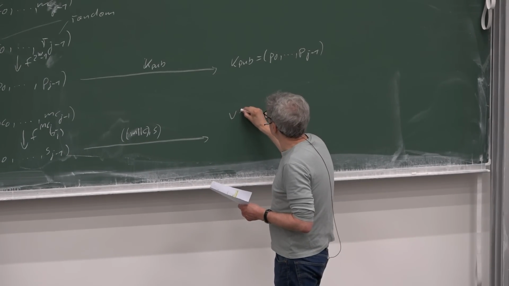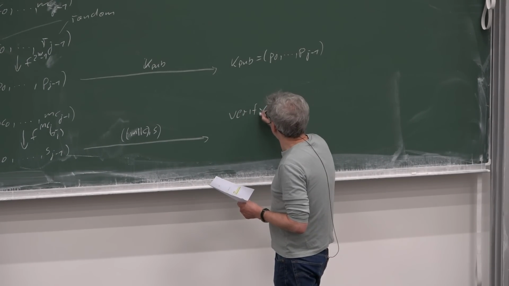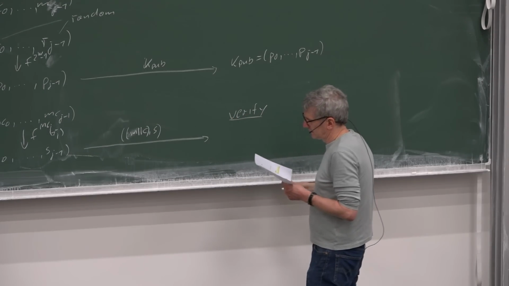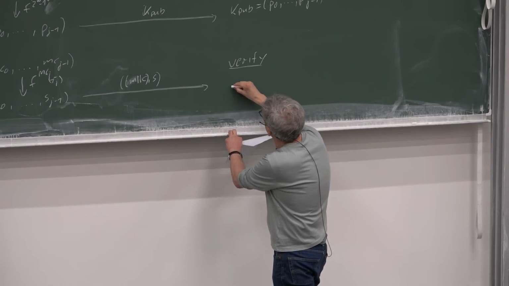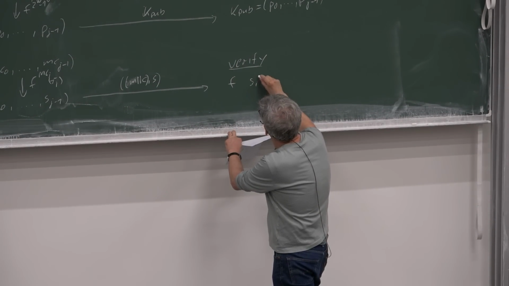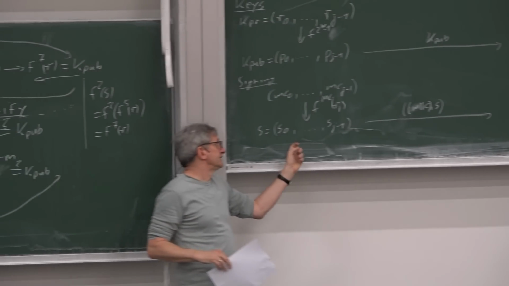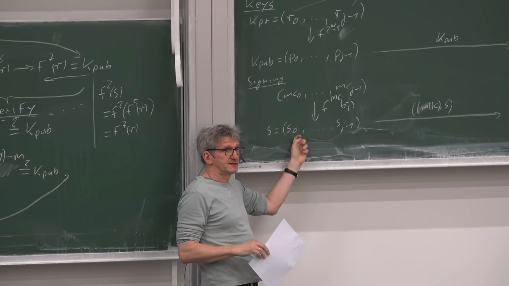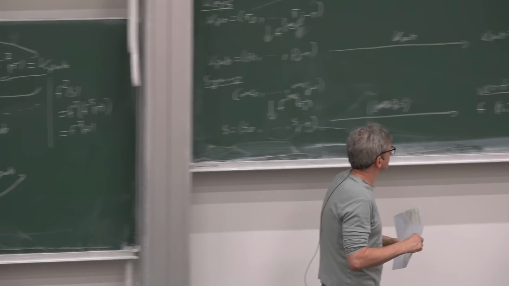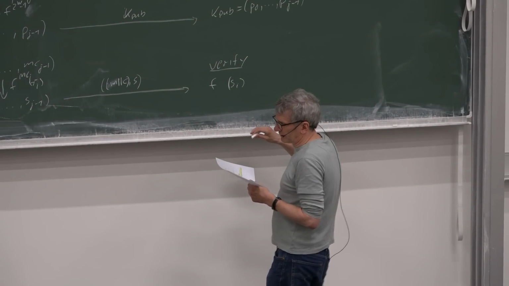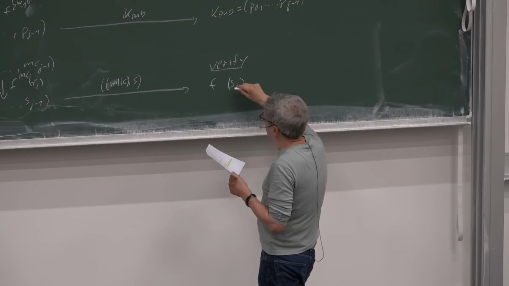And here comes now the verify step. So Bob gets a bunch of these signatures, right? Each signature is a signature on one of the digits here. So now the exponent is somewhat messy here.